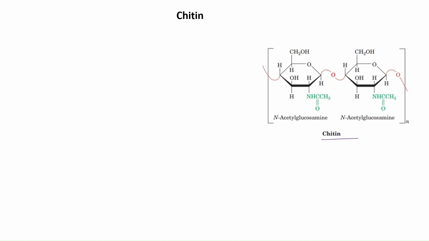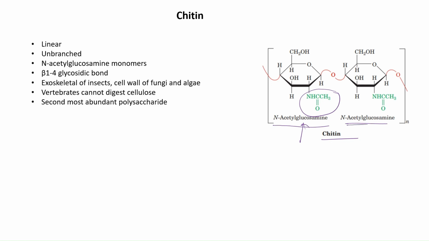Next is chitin. If you see the structure of chitin, it is almost like cellulose. The difference is that it contains N-acetyl glucosamine. An N-acetyl amine group is present along with glucose, so it is a polymer of N-acetyl glucosamine monomers. The rest is the same as cellulose.